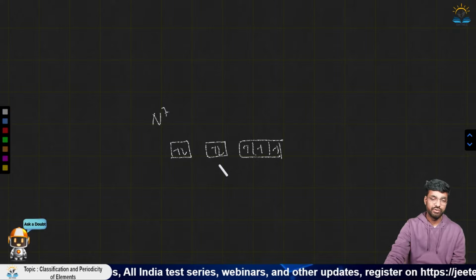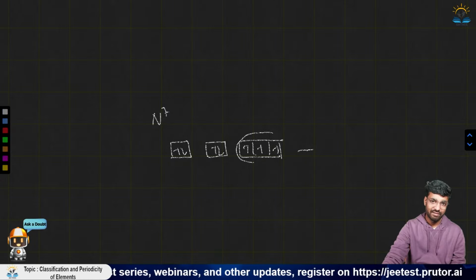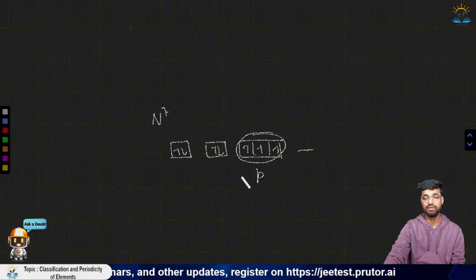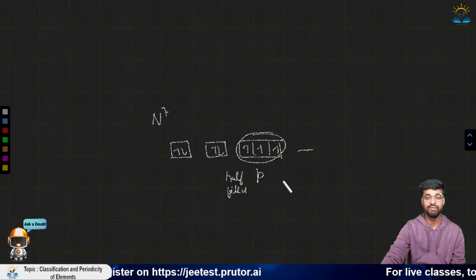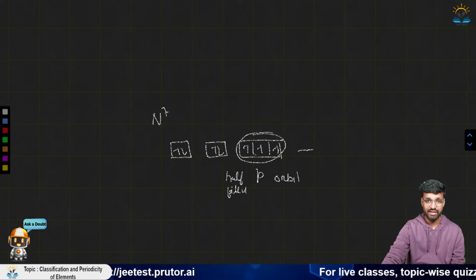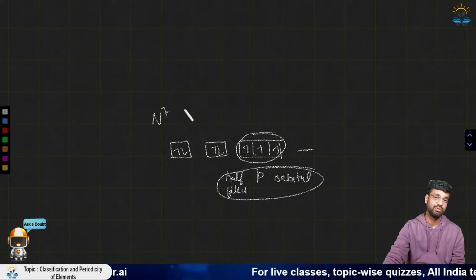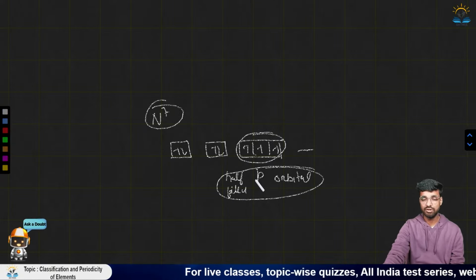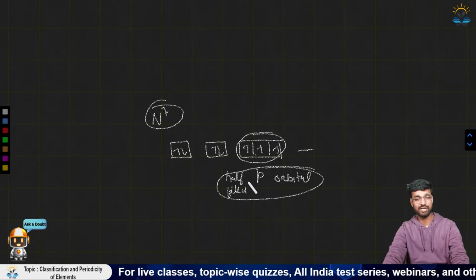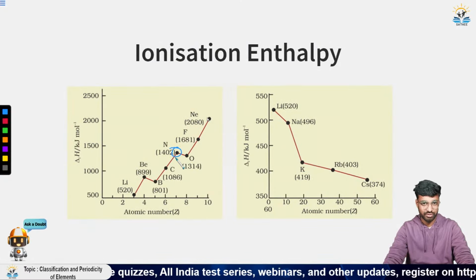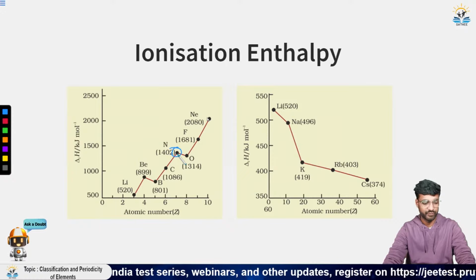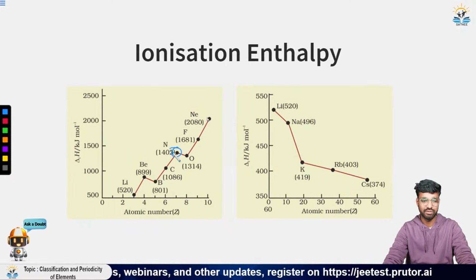You can see very clearly that it is a half-filled p orbital. This half-filled p orbital is giving extra stability to nitrogen. Due to this reason, it is difficult to remove the electron from nitrogen as compared to oxygen, so we see a jump in the ionization enthalpy of nitrogen.